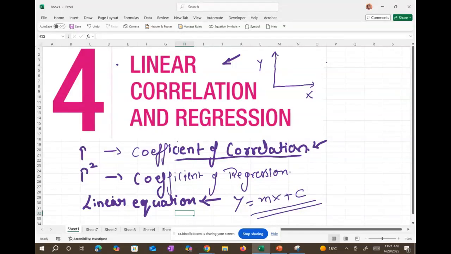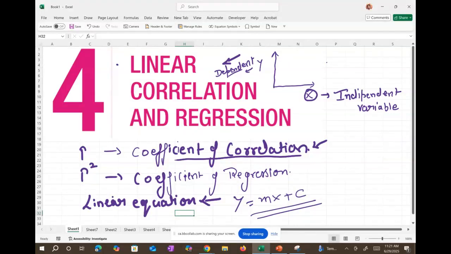Now, x values are always called the independent variable, and y values are called the dependent variable.